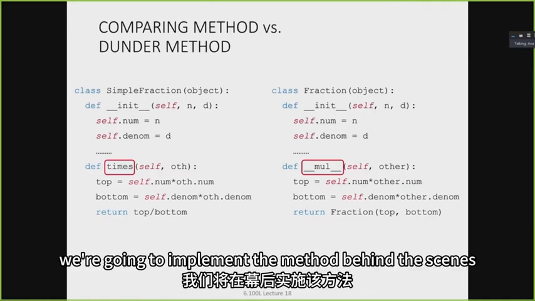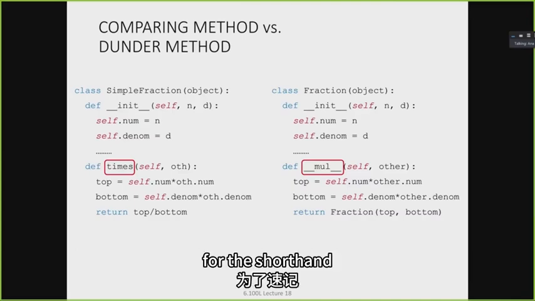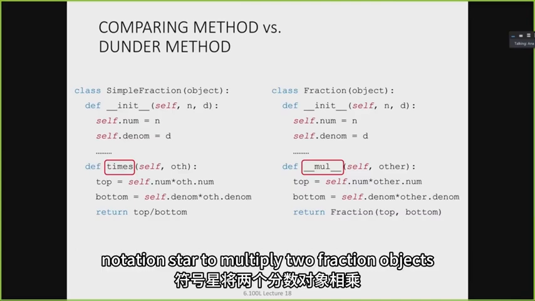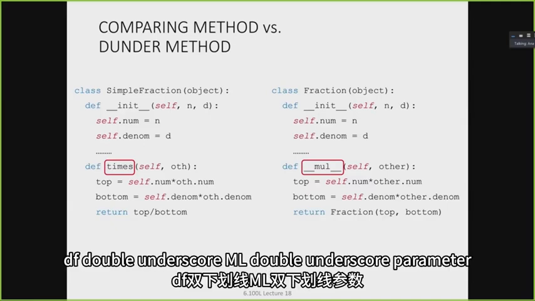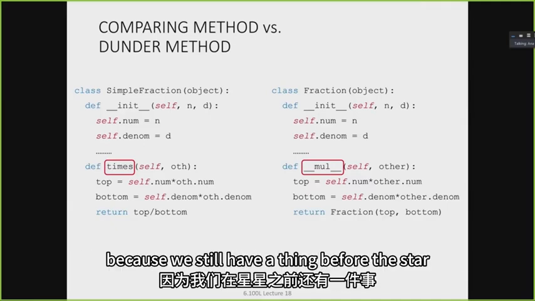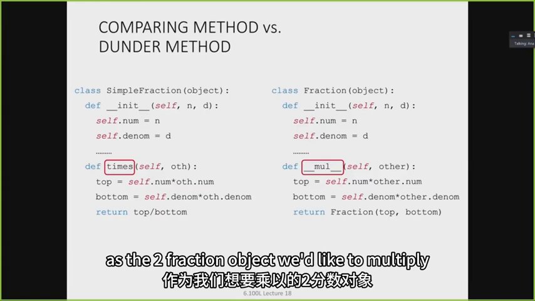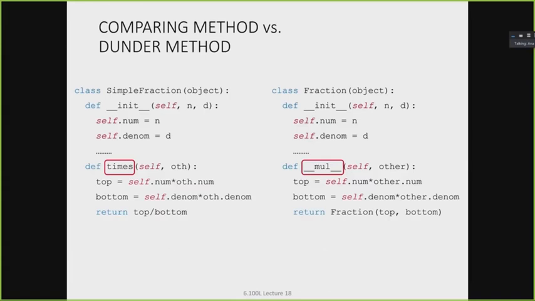Instead, we're going to implement the method behind the scenes for the shorthand notation star to multiply two fraction objects. So we need to implement def double underscore mul double underscore. The parameter list is the same because we still have a thing before the star and a thing after the star as the two fraction objects we'd like to multiply.